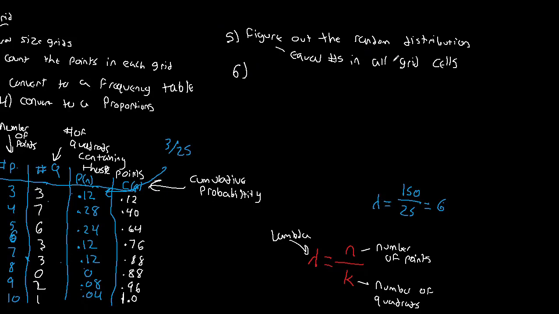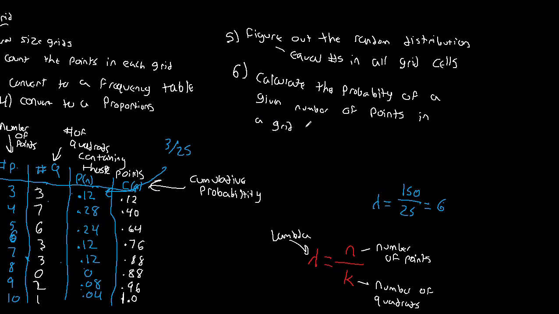We figured out the random distribution. Now we need to calculate the probability of a given number of points in a grid cell under this random distribution.